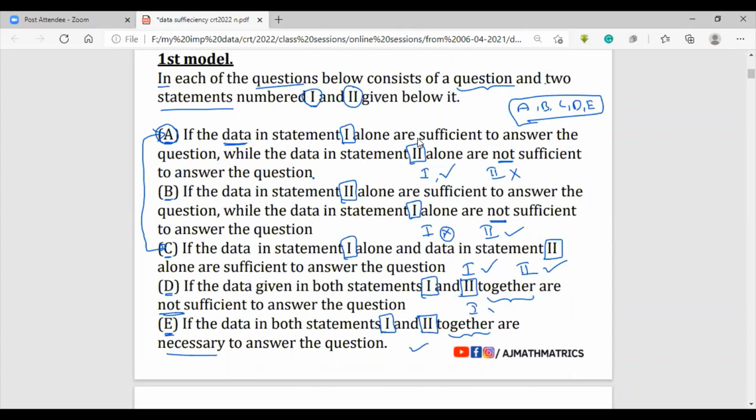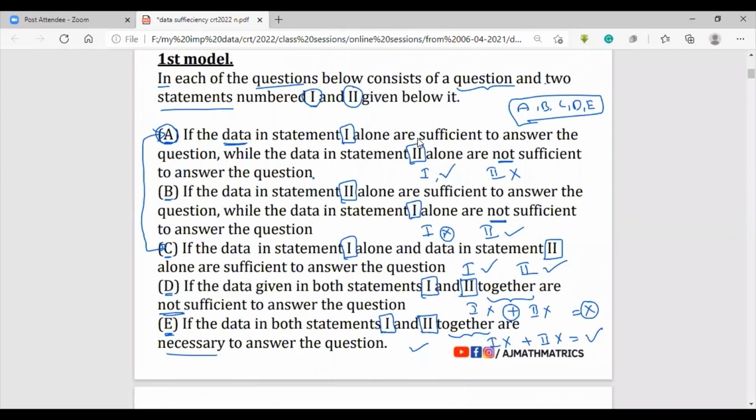So here in D, 1 alone not sufficient, 2 alone not sufficient, and when you combine the two, also not sufficient. Now in E, 1 alone not sufficient, 2 alone not sufficient, but when you combine the two, then it is sufficient. So options D and E look similar but are not the same.